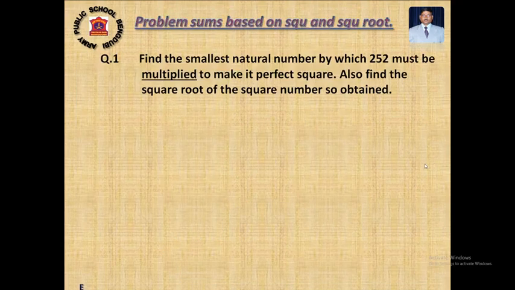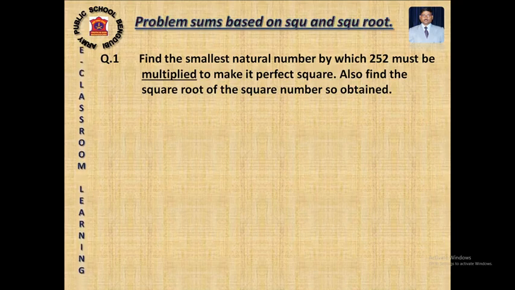The first question is like this: find the smallest natural number by which 252 must be multiplied to make it a perfect square, and also find the square root of the square number so obtained. So you have to read the statement very slowly and try to guess the meaning.